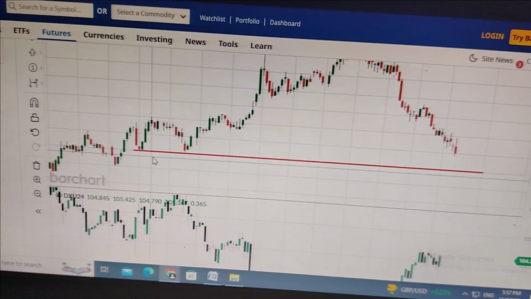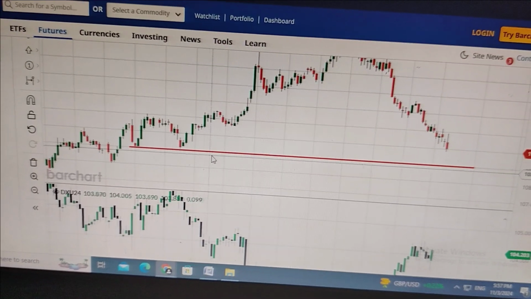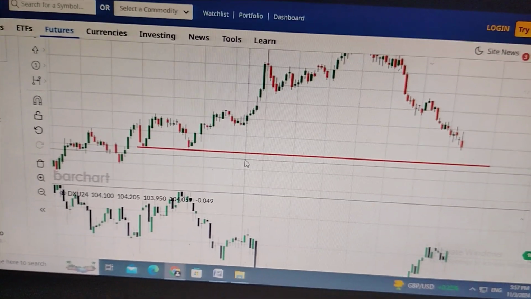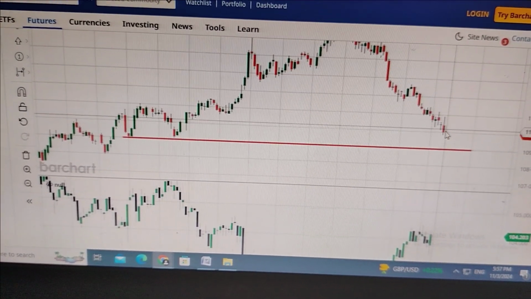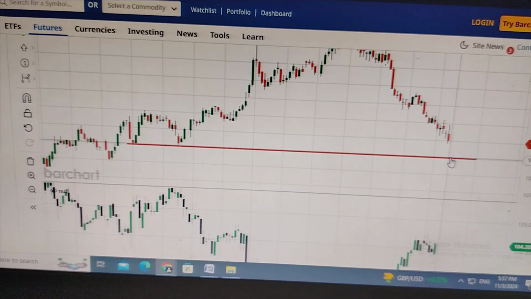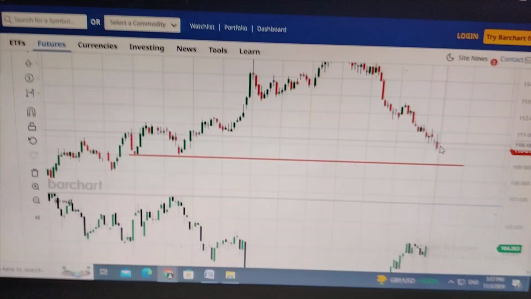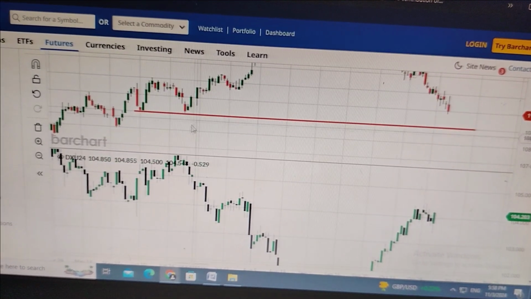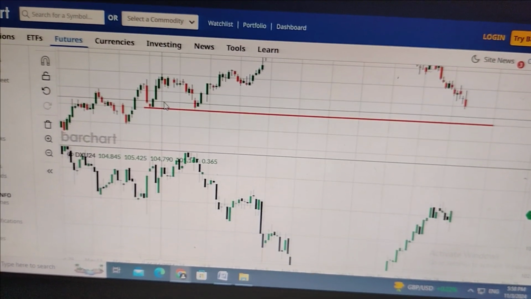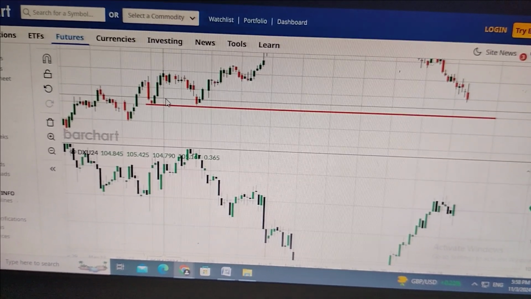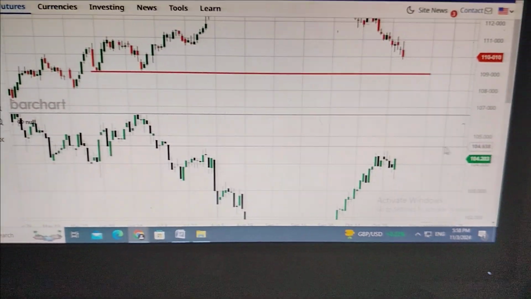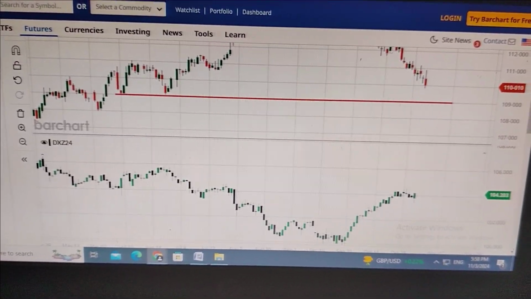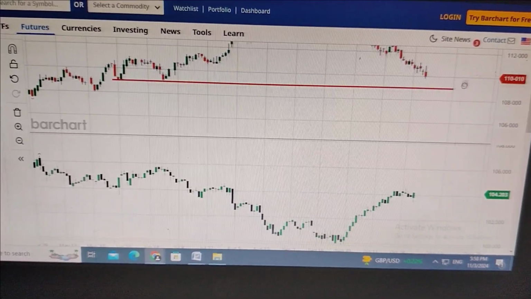This is where I would look for drawing liquidity if I was trading bonds and treasury notes. Now, if price drops around this region, treasury notes are inversely correlated to the dollar index, meaning one is going up, the other is going down.